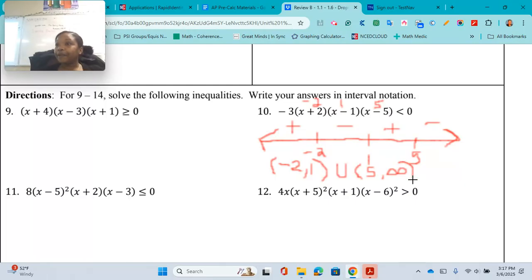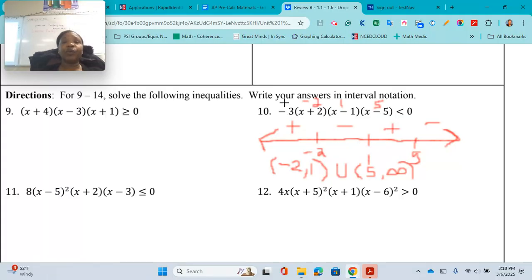Any questions? Can you explain how you got which side is negative and which side is positive? Yes. I had to figure out what the leading coefficient is. Are you talking about from the negative 3 right here?